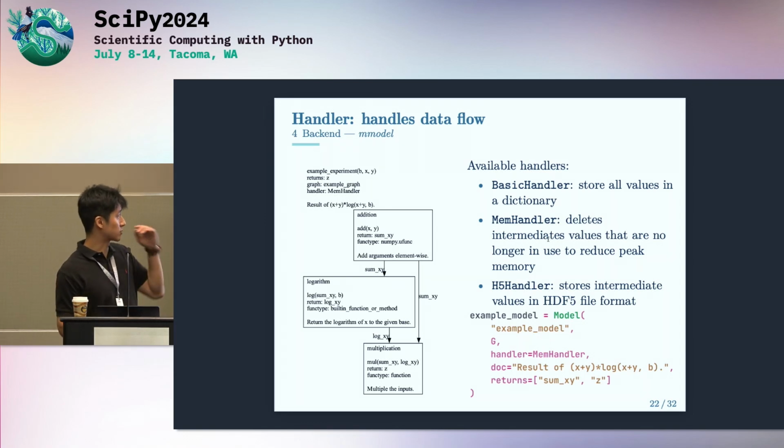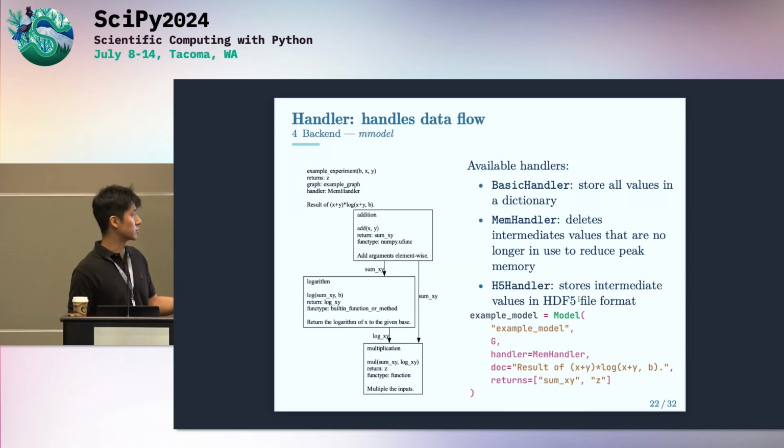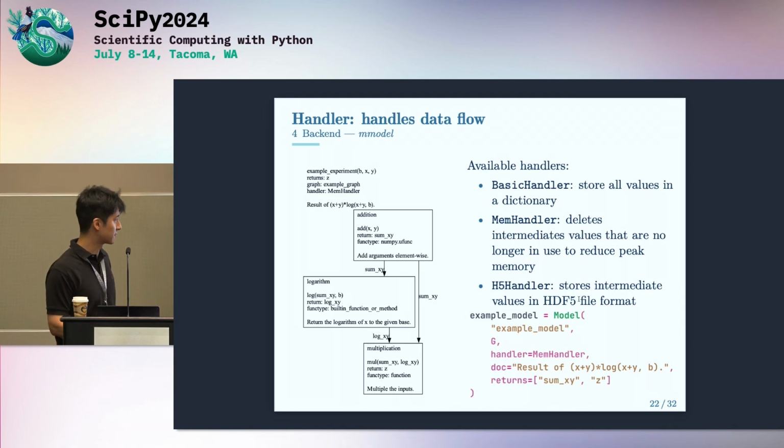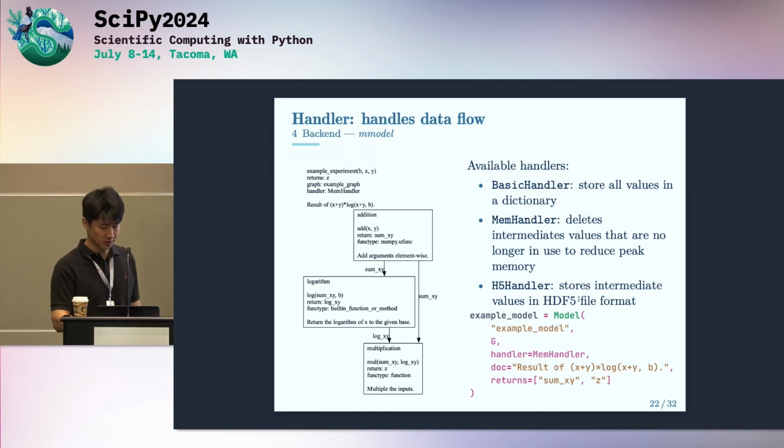So that's one way to do a handler. Another is, if the data is really large, we can store these intermediate values in an HDF5 file.